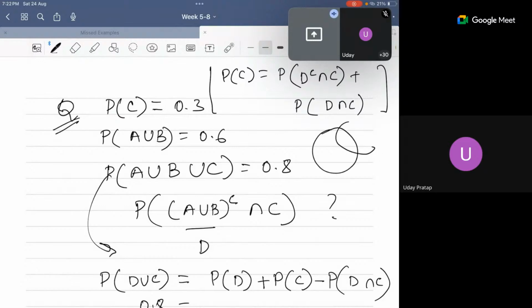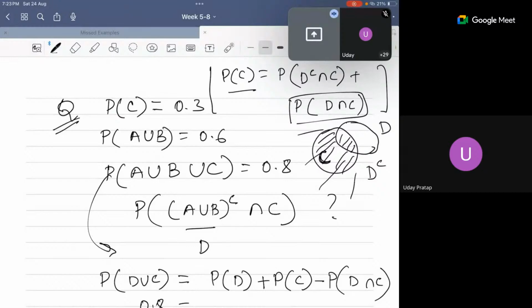You just have to write it for the whole of C. Let's say this is D, and this is C. Some cases are in D, so the C intersection D case will be included, and D complement is the whole other thing, so this case will also get included.